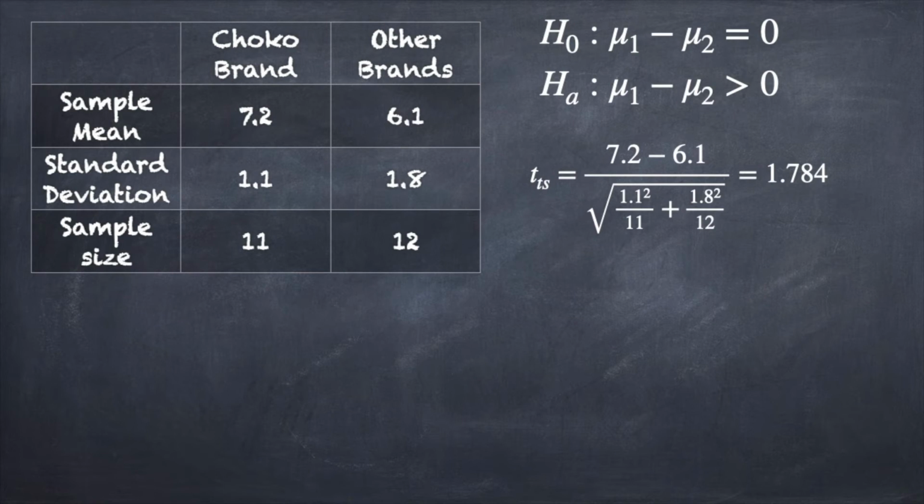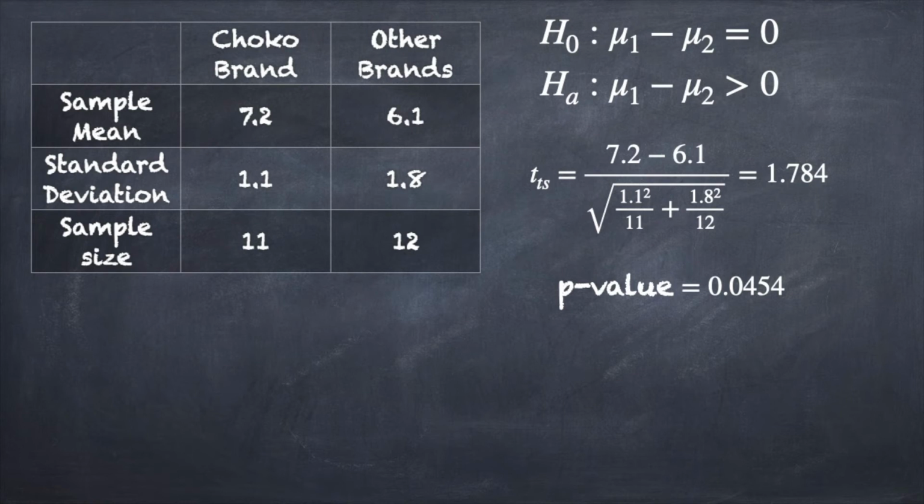Or if not, then the 7.2 and the 6.1, although practically different, is nothing more than innate random variability within our data set. So the way that we can determine that is to compute the p-value.